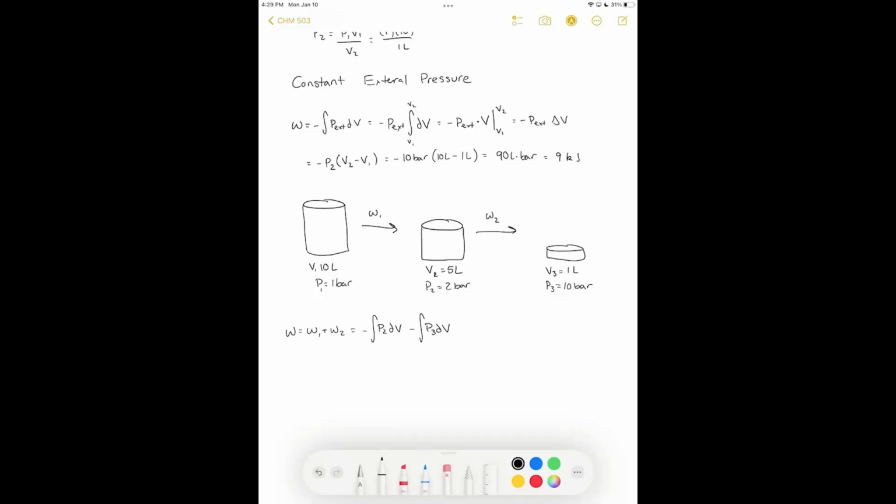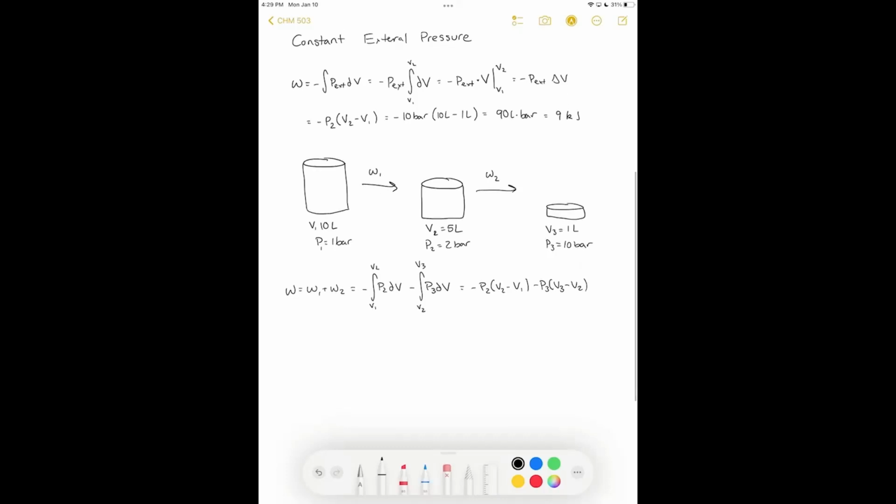Now, in this case, the bounds are different. For our first step, we're going from V1 to V2, and in our second step, we're going from V2 to V3. So we can integrate this in the same way as we did above and plug in numbers. What we'll end up getting is negative P2 times V2 minus V1, and then minus P3 times V3 minus V2. So you can evaluate this expression, plug in our numbers here, and get the following.